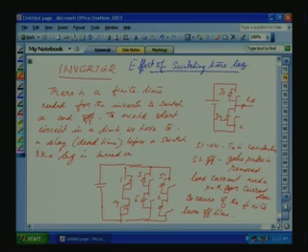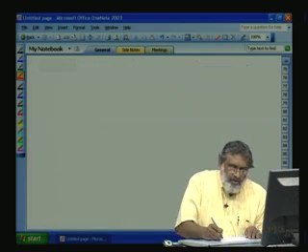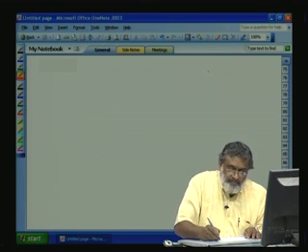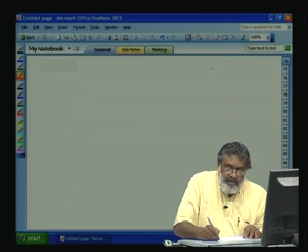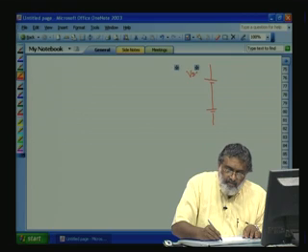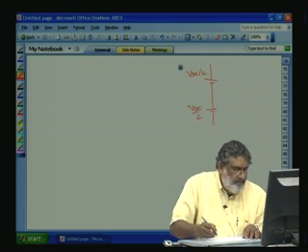Let us study the effect of this. Again we will draw the switching circuit. Let us take one limb or one leg. This is VDC by 2, VDC by 2.